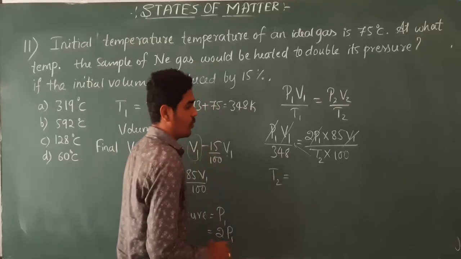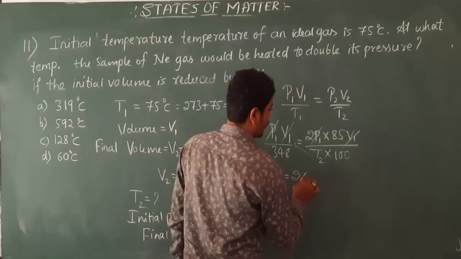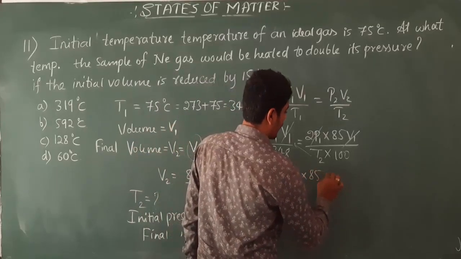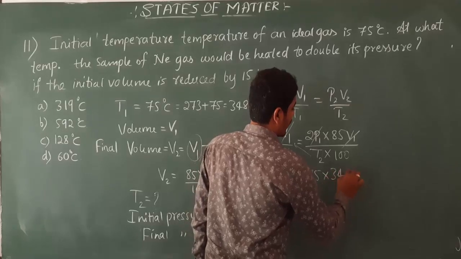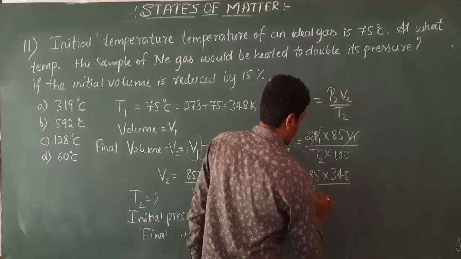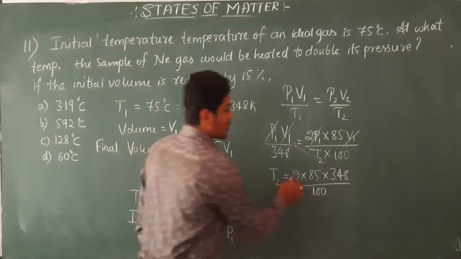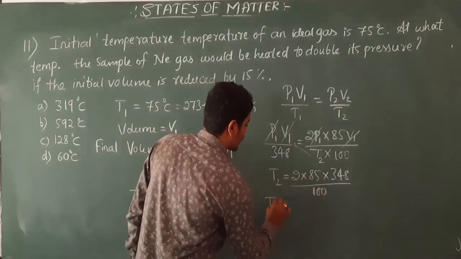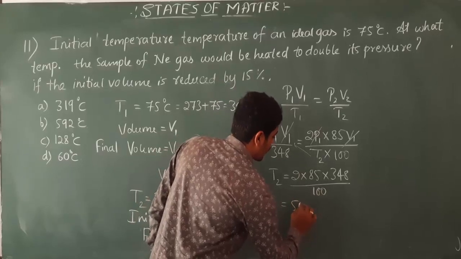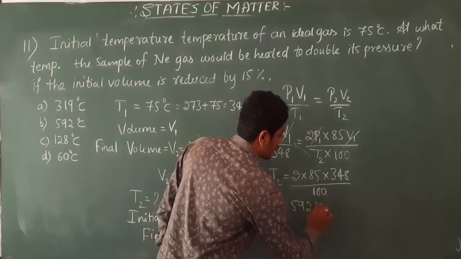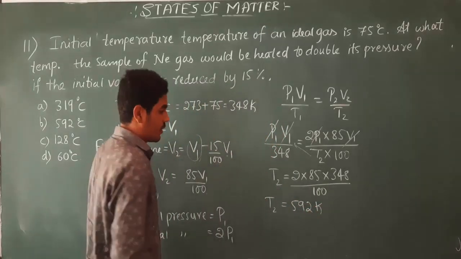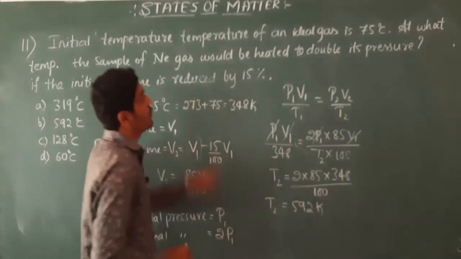T2 is equal to 2 into 85 into 348 divided by 100. Upon simplification you will get the temperature 592 Kelvin.